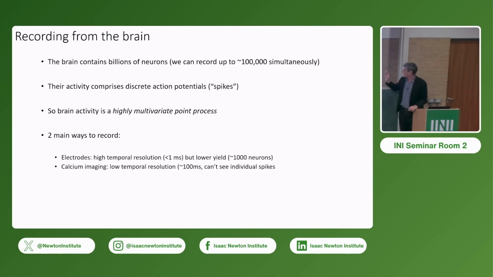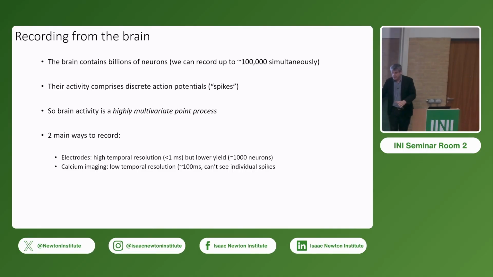All right, so there's two main ways to record this brain activity, and I'll go through it quickly because I really want to move on to what you do after the recording. The first, you can record with electrodes, or second, you can record with calcium imaging. Electrodes have a very high temporal resolution. The clock speed of the brain is about a kilohertz.